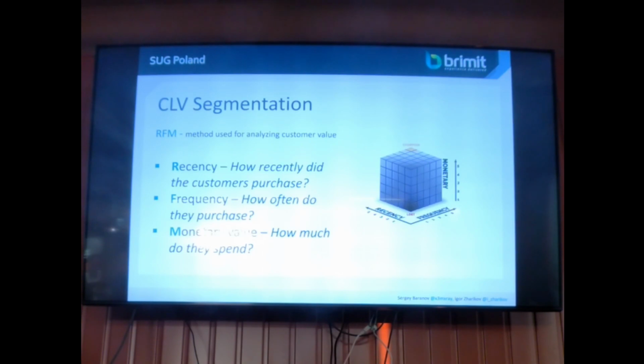Recency is how recently a customer bought from you. Frequency is a score of how frequently they bought from you, usually over 1 or 2 years. And monetary value is how much in total they spent during this period of time.